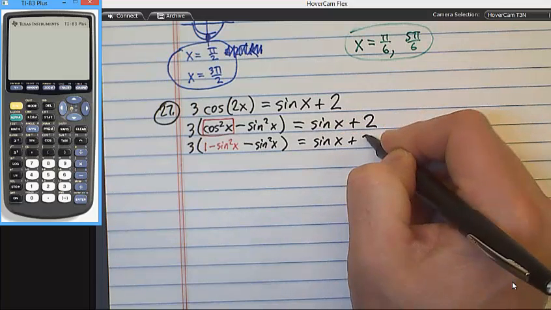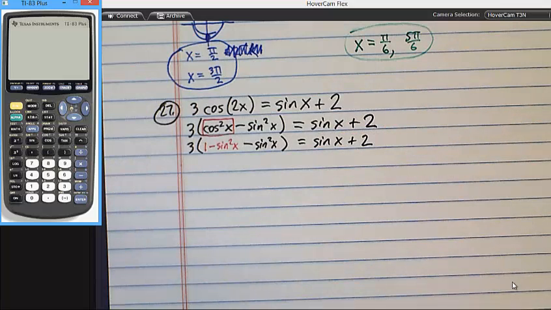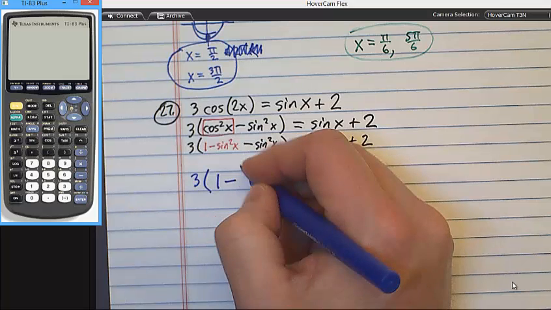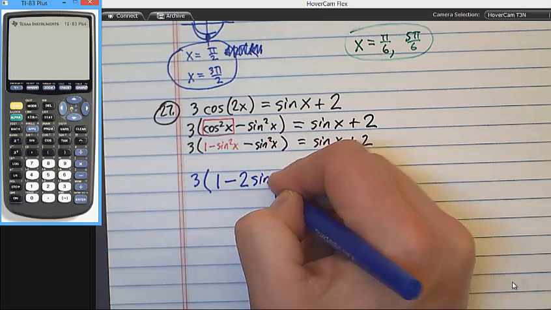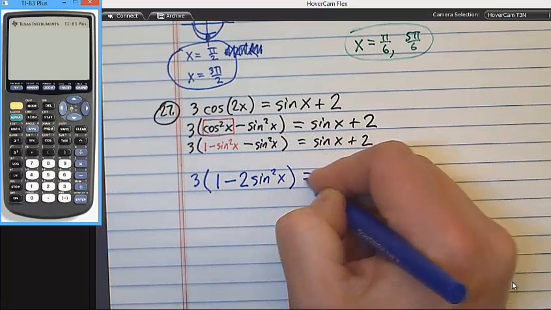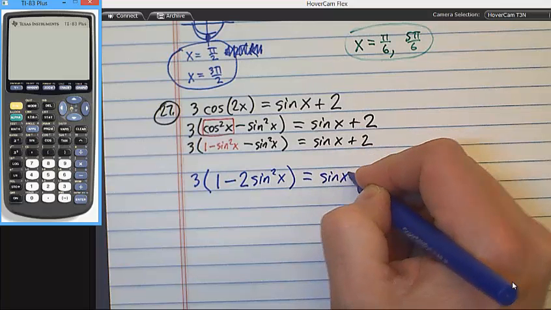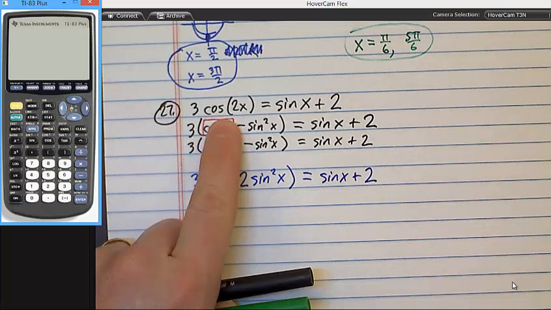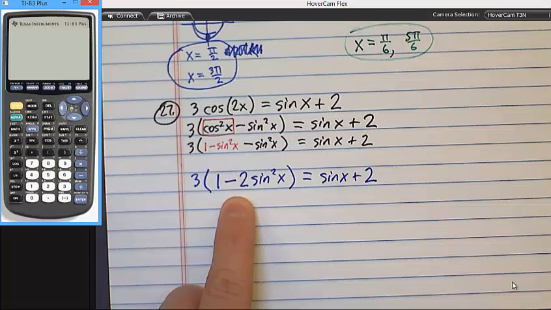So let me write this very carefully. I think what a lot of people would do to start this problem would be to write this. 3 times 1 minus 2 sine squared x is equal to the sine of x plus 2. I have a feeling that's how a lot of people would start this problem. They know that cosine of 2x is the same as 1 minus 2 sine squared x.